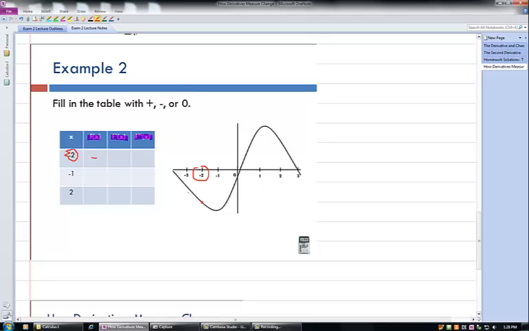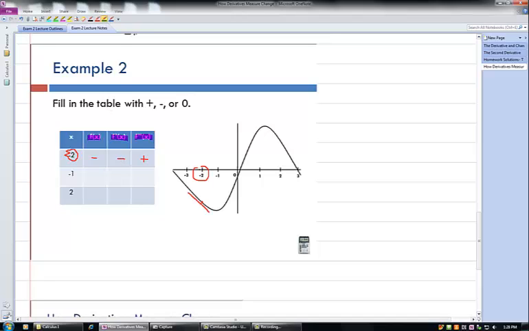And the function, you can see here, it's going down, so it has a negative derivative, a negative rate of change, so it's negative. Whereas it's part of a smile right here, so it must be concave up. So if it's concave up, it's positive. Positive ideas go with positive quantities, negative ideas go with negative quantities.